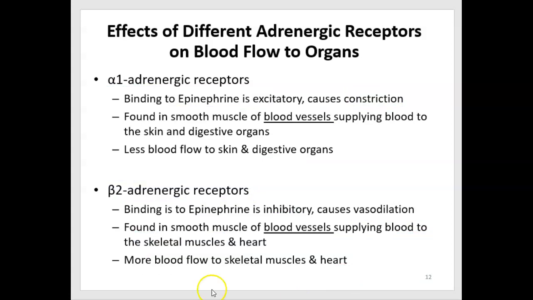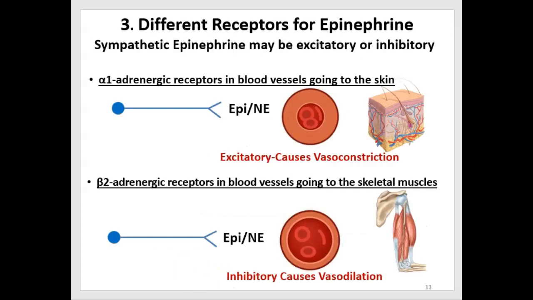So let's look at a sort of visual example versus all those words. We're always talking about blood vessels. That's the important part. It's always blood vessels that have this, what seems like, contrasting effect by the sympathetic nervous system.